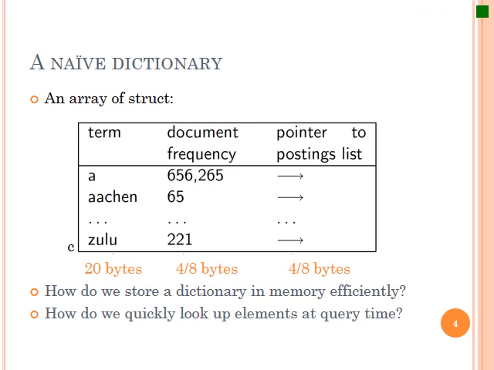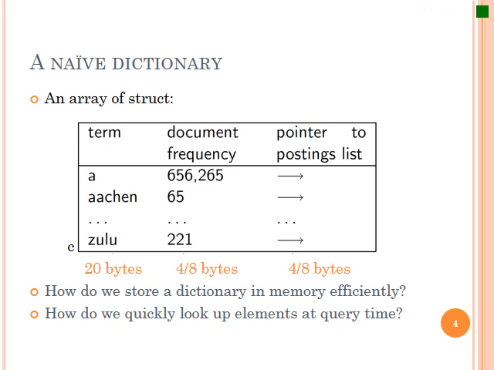I mentioned briefly last time that the dictionary is just a collection of words or terms along with their frequencies. At the same time, since every dictionary term is associated with a posting list, you need to maintain a pointer. In actual fact, this dictionary is stored as a separate file from the postings.